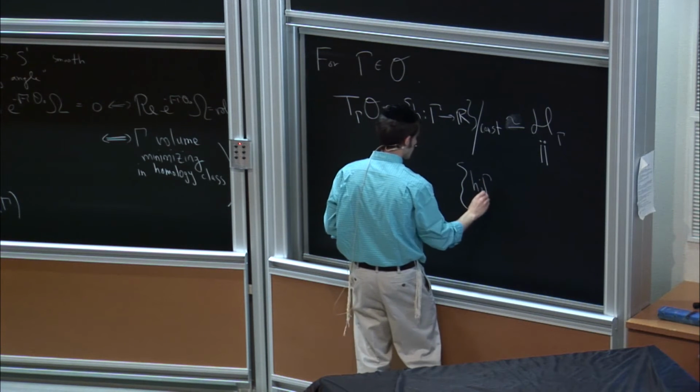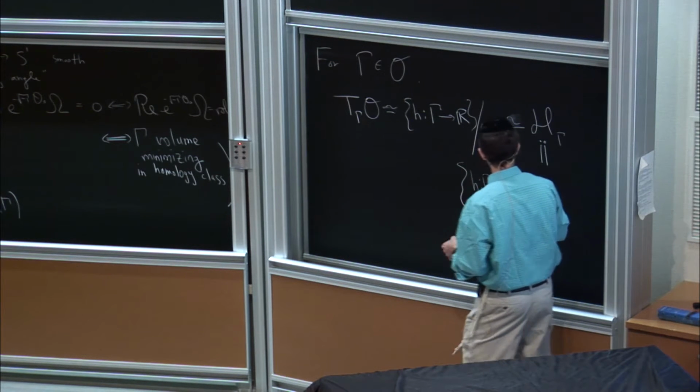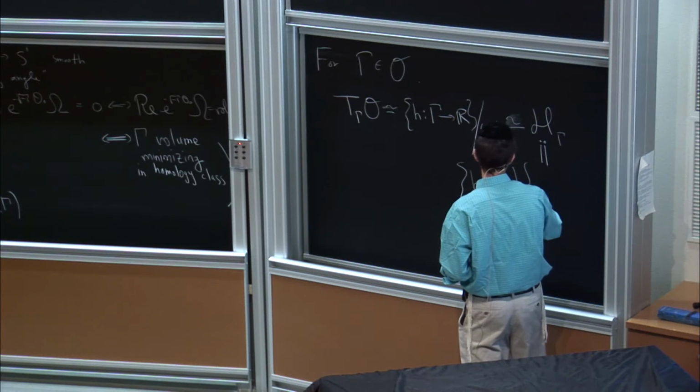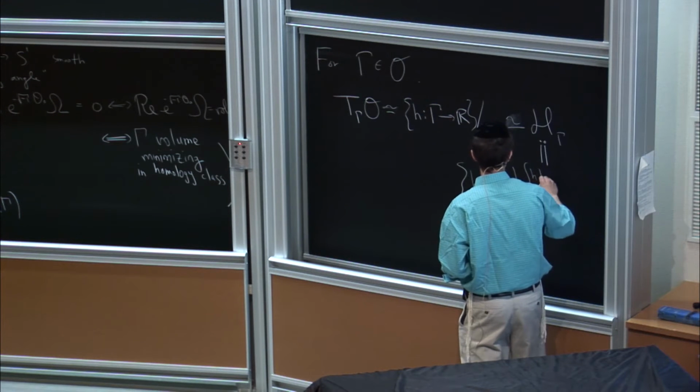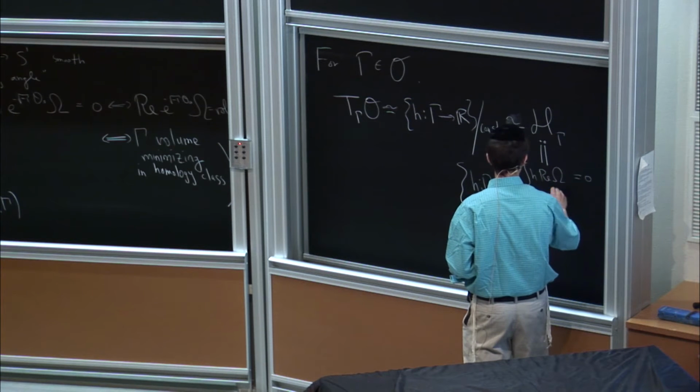So we consider functions on gamma such that, well, there's two things that can happen. If gamma is compact, I might as well take the integral of h with respect to this positive form and demand that it's 0.